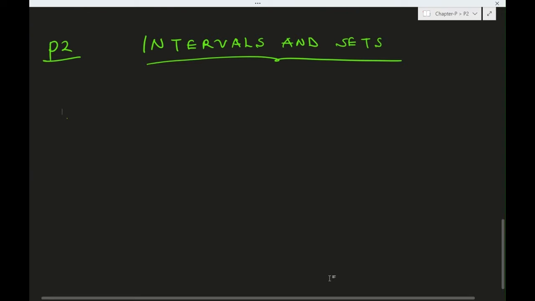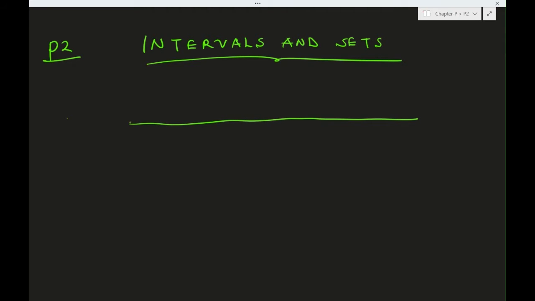All right, there is a certain set of real numbers which we call the interval. And these intervals are very important because they form part of the real numbers. So for example, if you have a number line, this number line has every number that we're talking about.